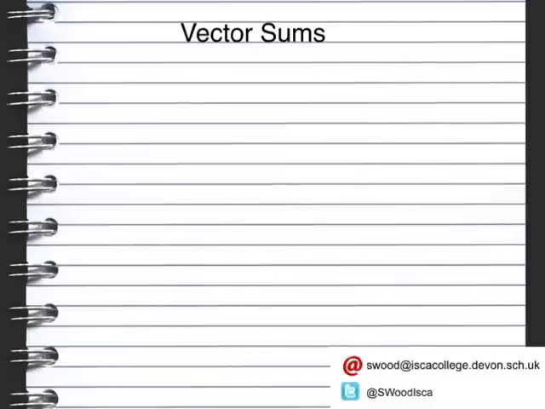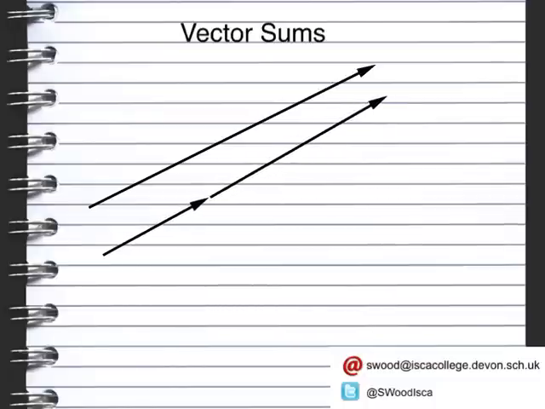Now, vector sums are where we end up with a resultant force. Now, if we have a look at two forces going in this direction, okay, so we've got one force here and a second force here, our resultant force Fr is equal to F1 plus F2.